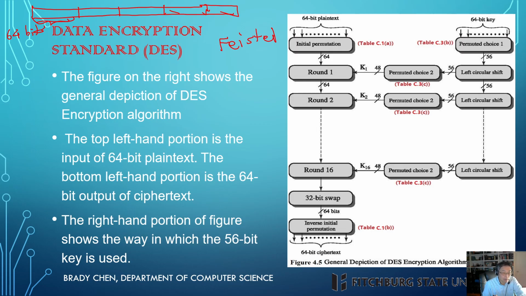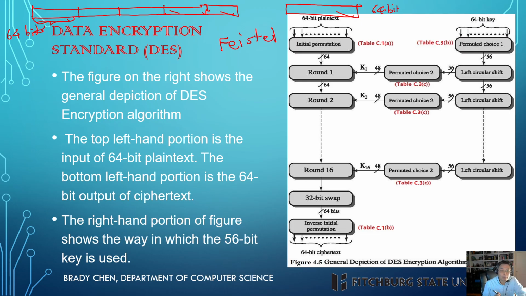Now let's take a look at the diagram. On the top left-hand side is the 64-bit plaintext.